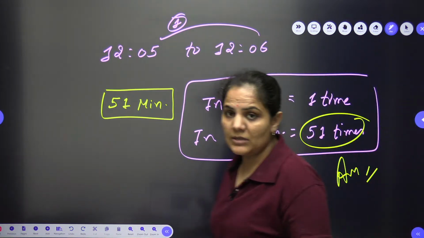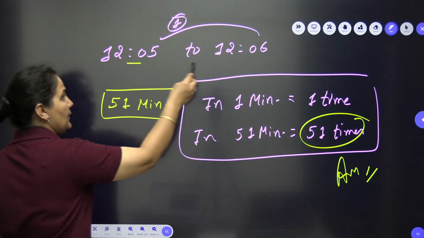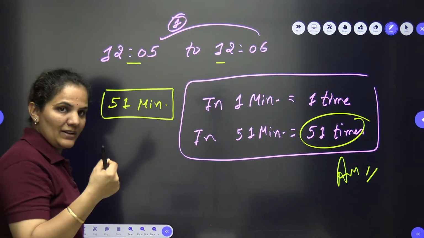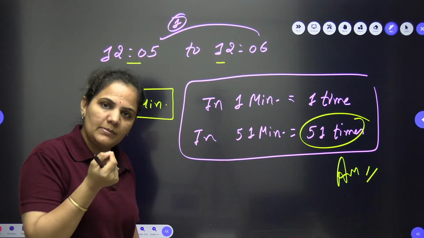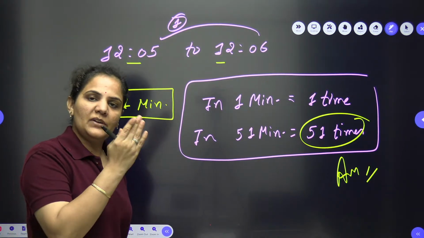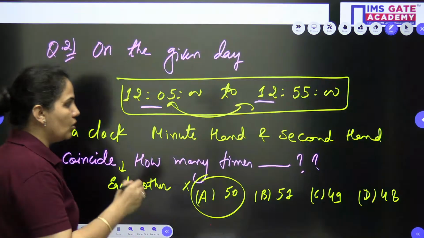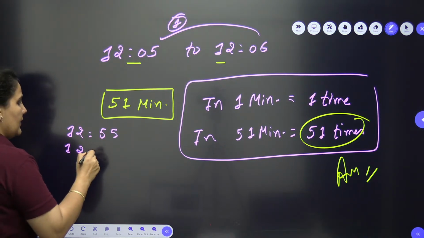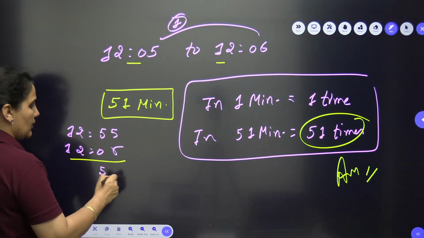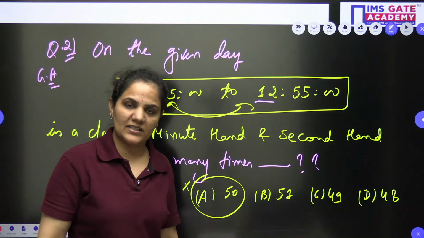Okay, now the one very important thing here, you need to count the time very carefully. So 12:05 to 12:06 you are having, the next will be 12:06 to 7, 7 to 8, 8 to 9, like this you will approach. So last will be 54 to 55, before that 53 to 54, and when you count it will be 51. You should not do directly that we are having 12:55, we are having 12:05, the student will see the difference is 50, and they will approach the result as 50.